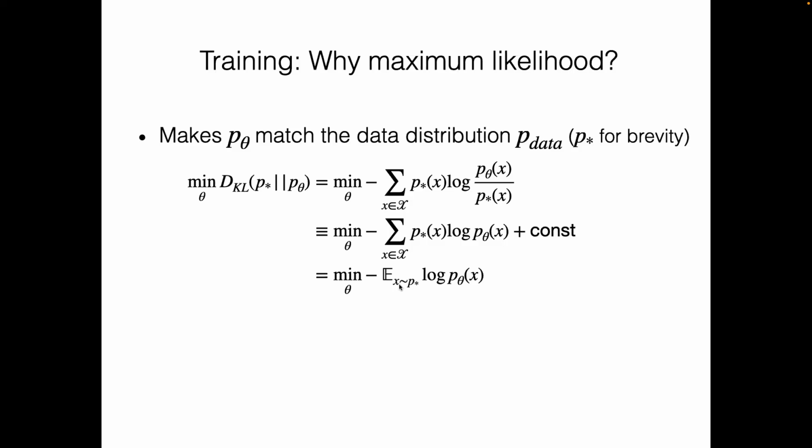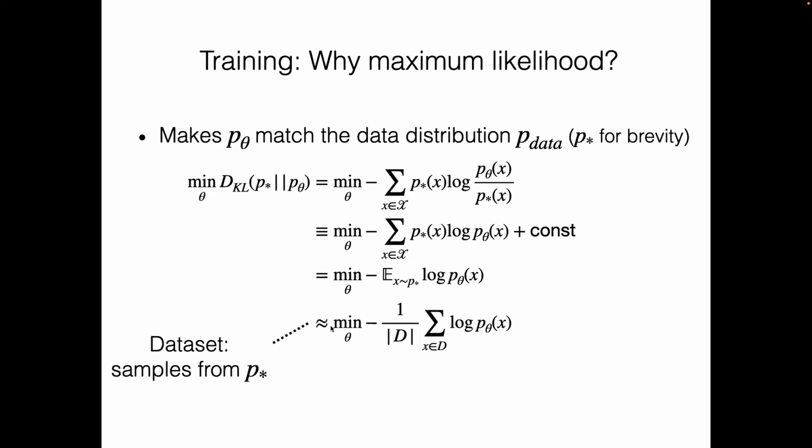So now you can see that our goal is basically minimizing minus the log of data that has been sampled from our data distribution. And then this is saying that we can approximate this expectation by just considering some finite data set that we have. In practice, we don't have all possible sequences, but we have this data set, which you can again see as being some samples from this P star.